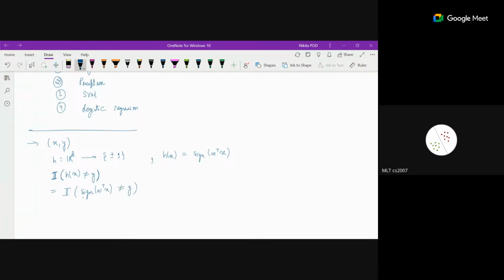And this term inside, you can write it as the indicator of w transpose x times y being less than 0.